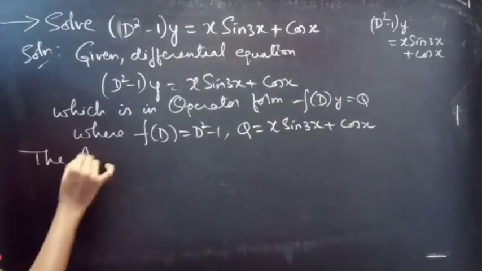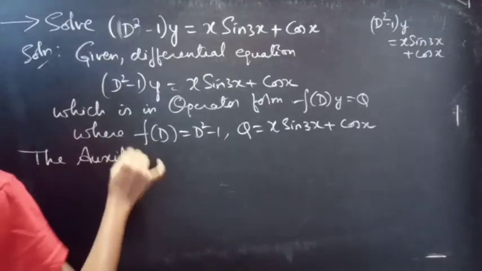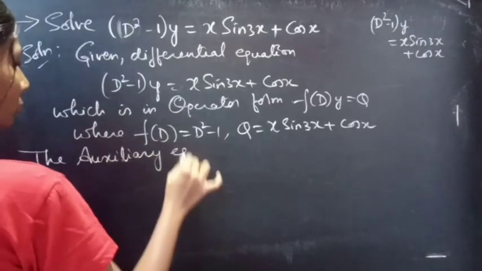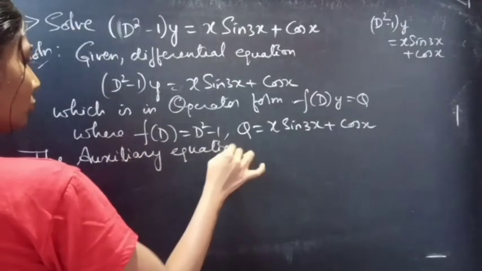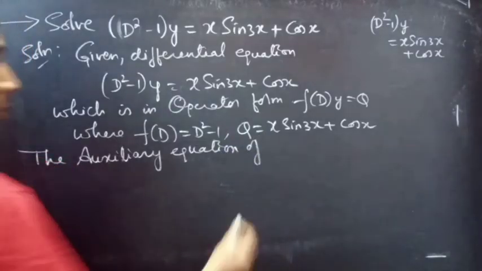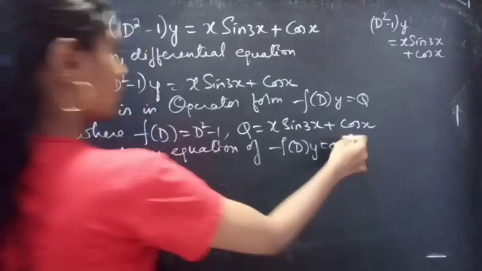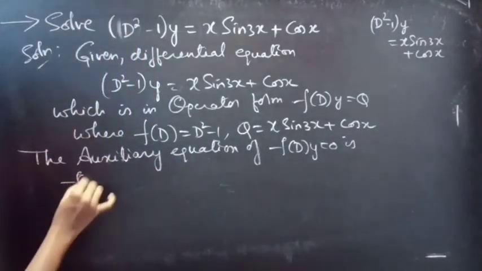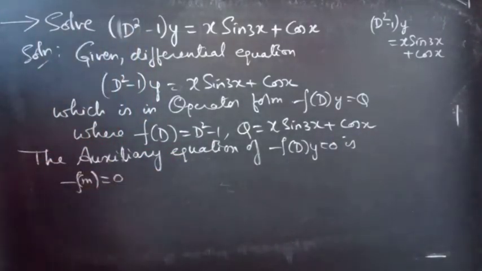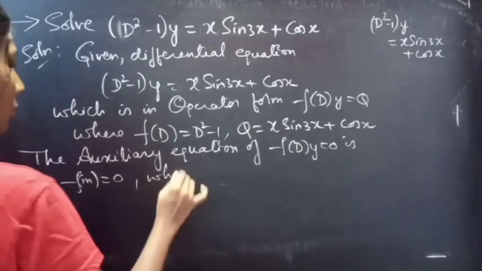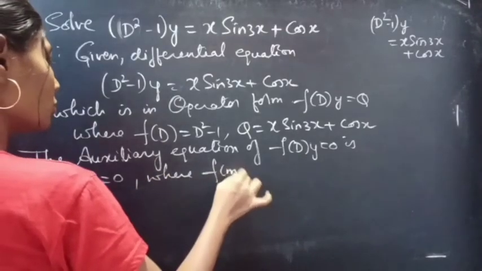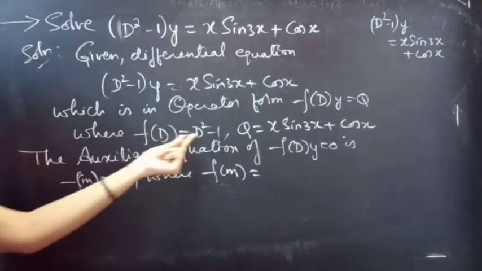The auxiliary equation of F(D) y equals 0 is F(m) equals 0, where F(m) equals, we have F(D) as D square minus 1, right?